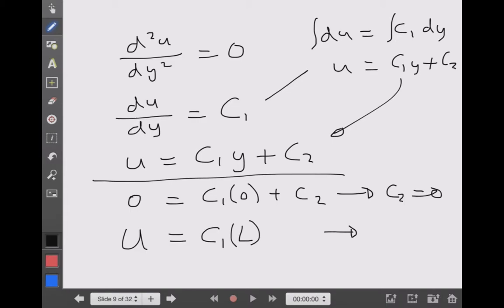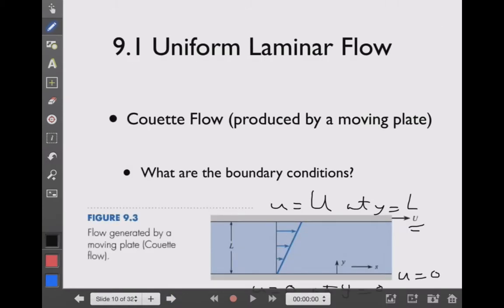So this boundary condition gives us the fact that c1 equals u over L. Now that gives us a very interesting result, which we already knew, and that is that the velocity structure is linear.